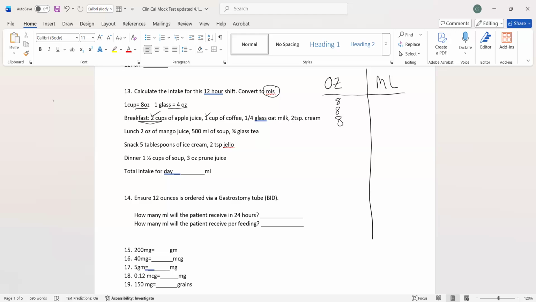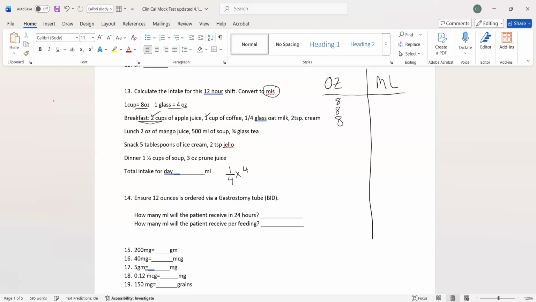All right, so now I have this 1/4 glass of oat milk. All right, so we're going to take our 1/4. I'm just going to write 1/4. And then I have to multiply it by how many ounces I have in that cup, which is 4.